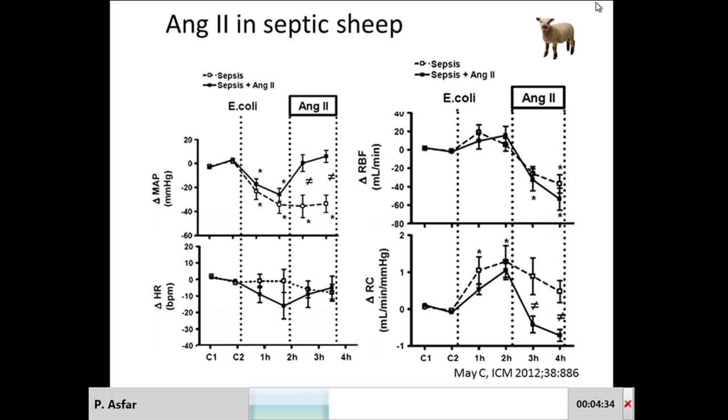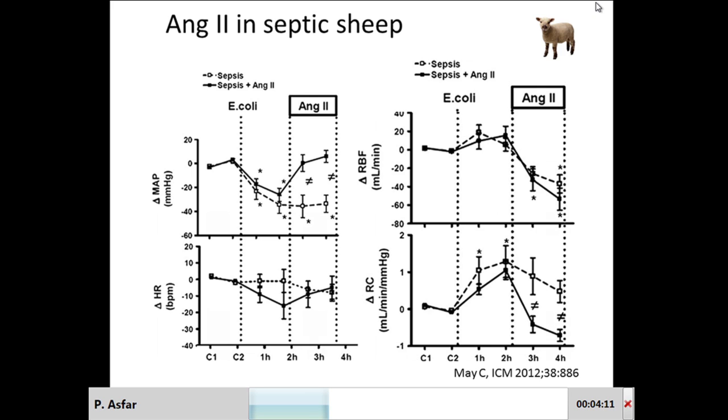The second experimental study compared angiotensin in septic sheep. So you have the window of angiotensin administration there, and when the authors infused angiotensin II, mean arterial pressure increased.